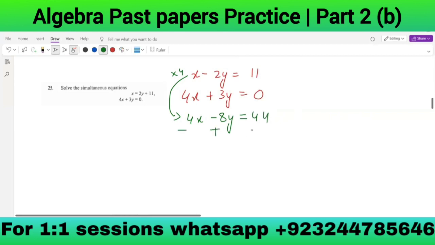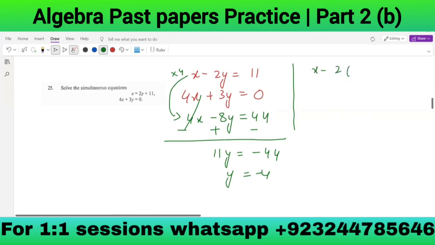So now, minus 4. So the value of y is minus 4. So the value of x: x minus 2 into minus 4 is equal to 11. x plus 8 is equal to 11. x is equal to 11 minus 8.